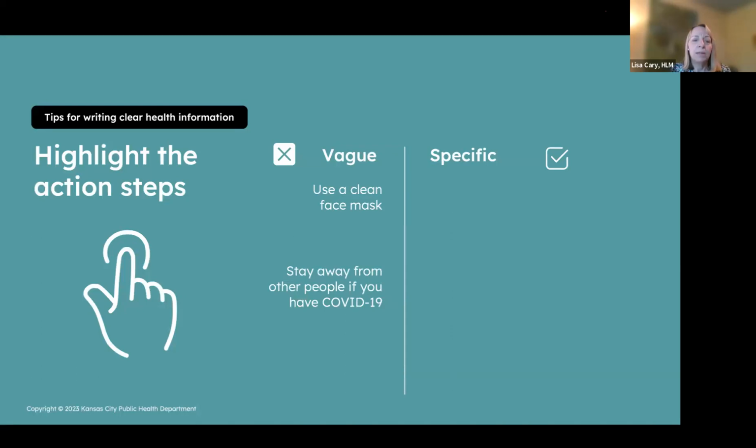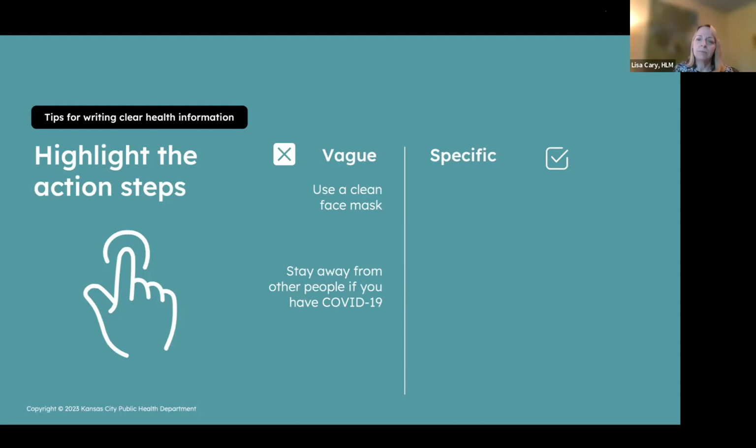The next strategy that we're going to talk about is to highlight the action steps. And we've been talking about this. So much of our material is helping people make a decision or take action. So you want to make sure that when people read your material, they can see what the action is that you want them to do. And so you want to avoid vague actions or instructions. Like, use a clean face mask.